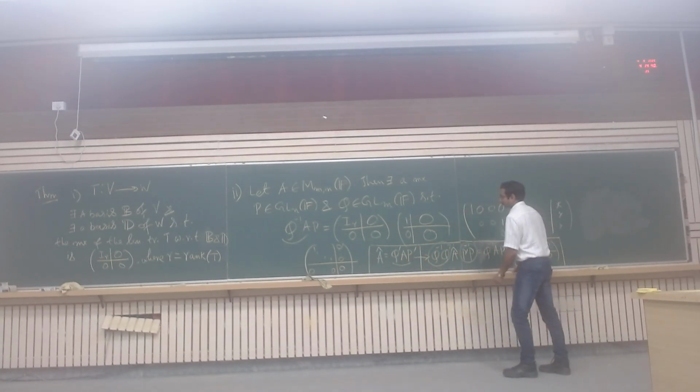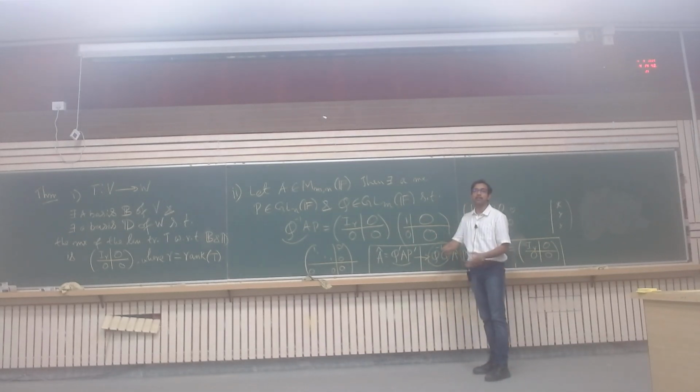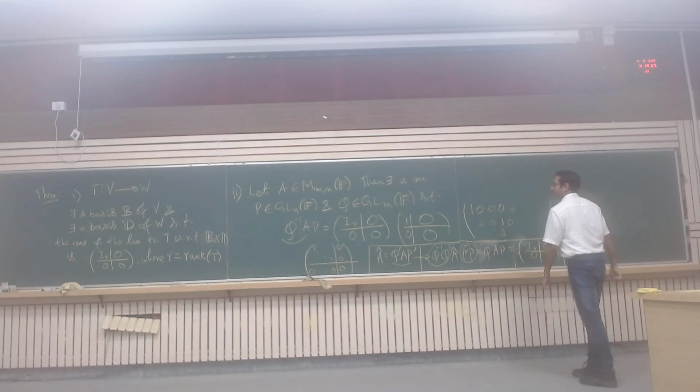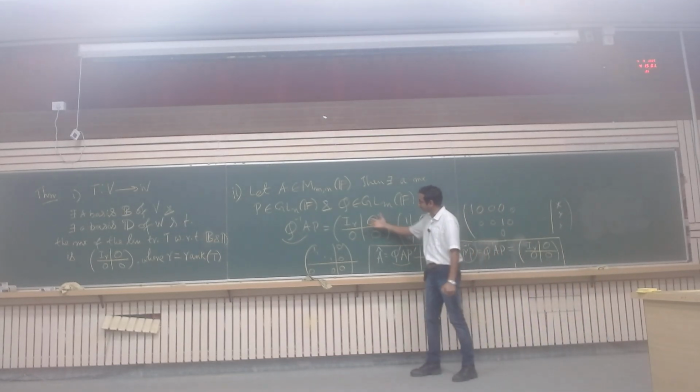So basically if you run Q dash and P dash through GL_m(F) and GL_n(F), you are getting all the matrices of the linear transformation with respect to different bases. Okay. All right.